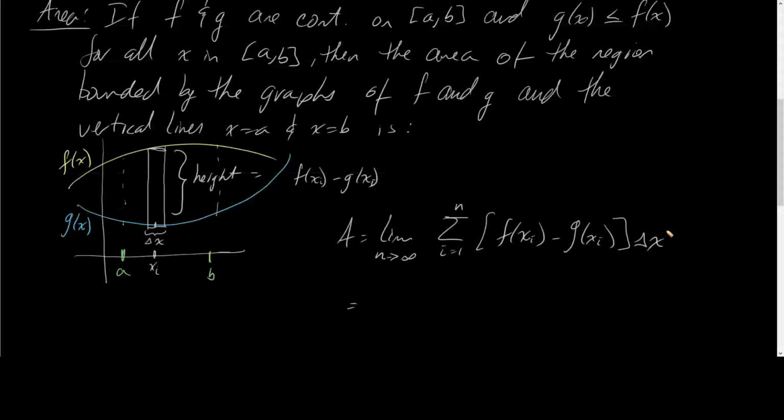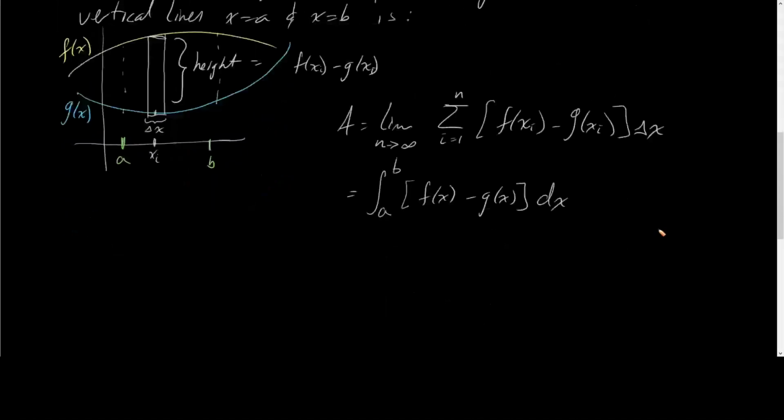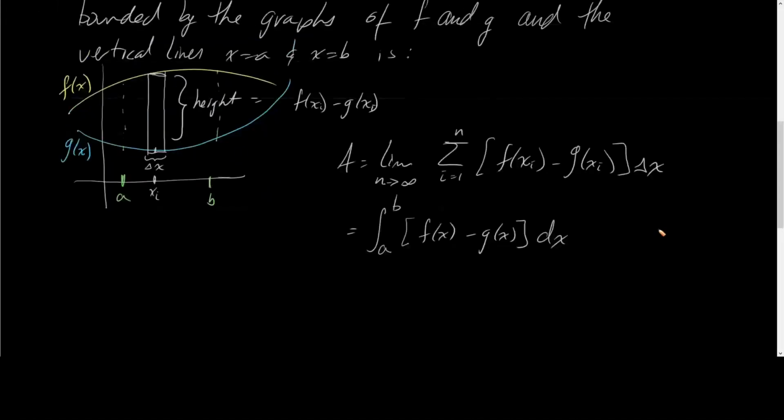But we know that becomes simply the integral from a to b of f of x minus g of x dx instead of delta x now. All right. So that's the visual there.